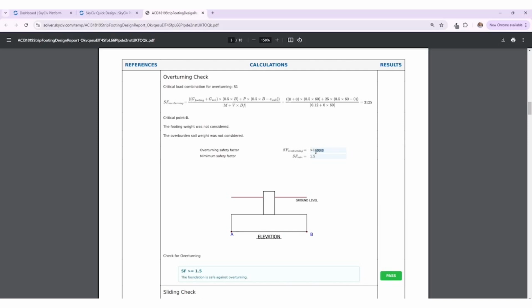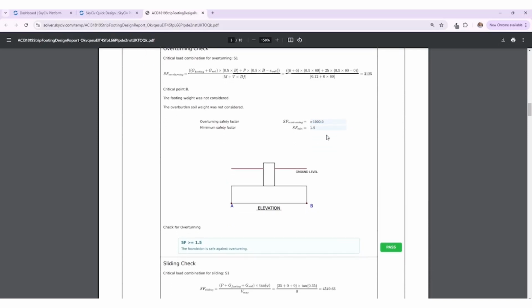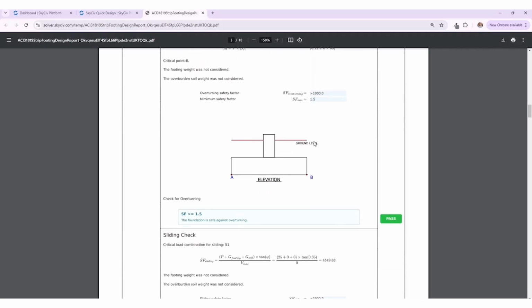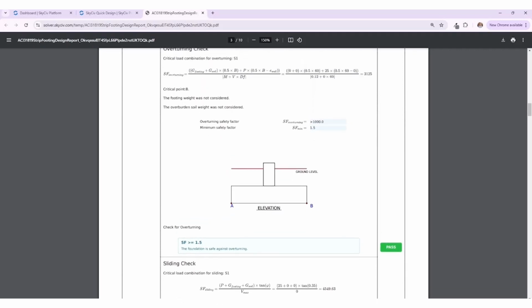So that is just noted as greater than 1,000. And again, our minimum safety factor is 1.5. And as you can see, the overturning safety factor is greater than 1.5, so the foundation is safe against overturning.